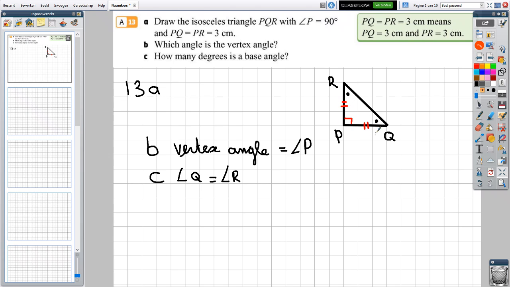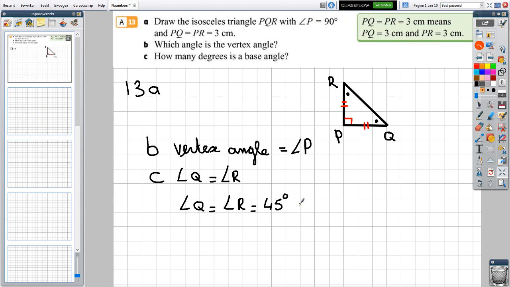You see this is not only a right angle triangle, but this is an isosceles right angle triangle, een gelijkbenige rechthoekige driehoek. If that's the case, then you can already say that angle Q is equal to angle R is equal to 45 degrees.